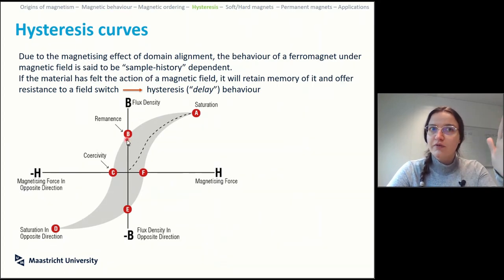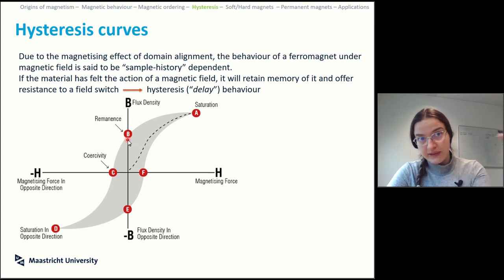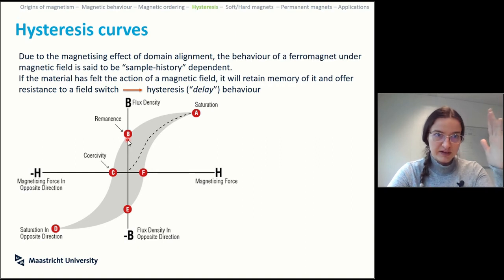So even at zero field, after you put your material into saturation behavior, you have this remanence. If you now try to switch the field in the equal and opposite direction, your material does not go back to zero, it goes down into this curve.